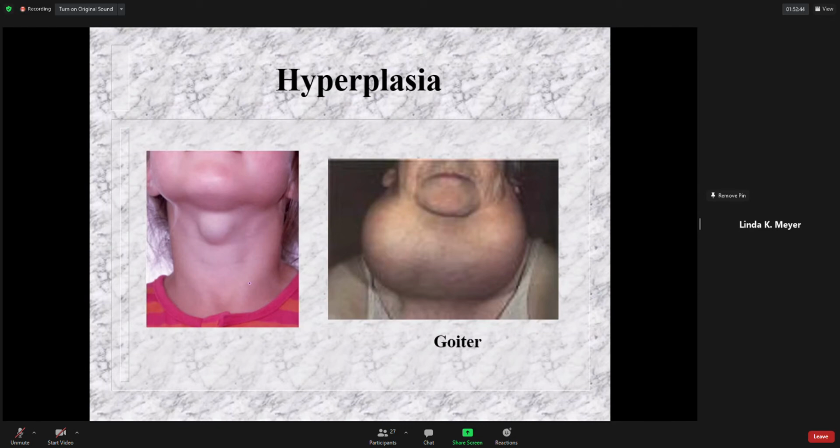And here's just two examples. Again, the extreme ones frequently get published, but this would be more commonly what you would see. Or this enlarged thyroid could be a result of hyperthyroidism. In both cases, it can occur.